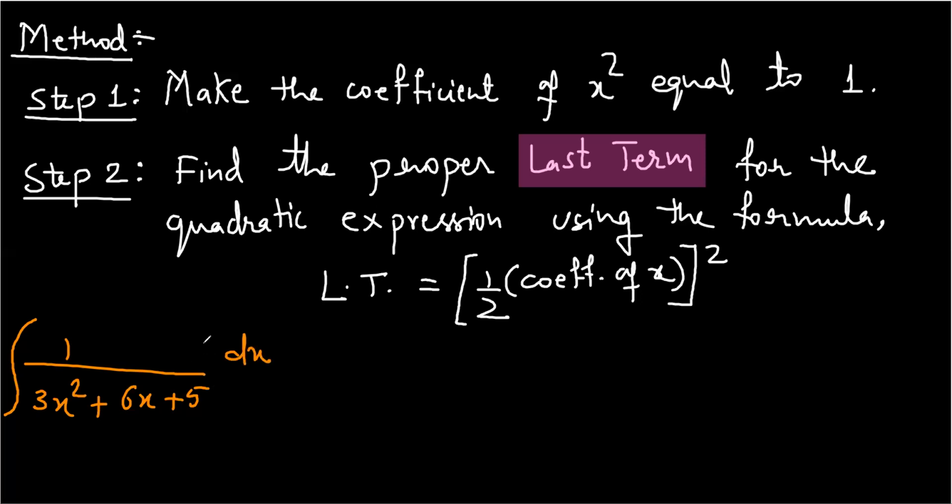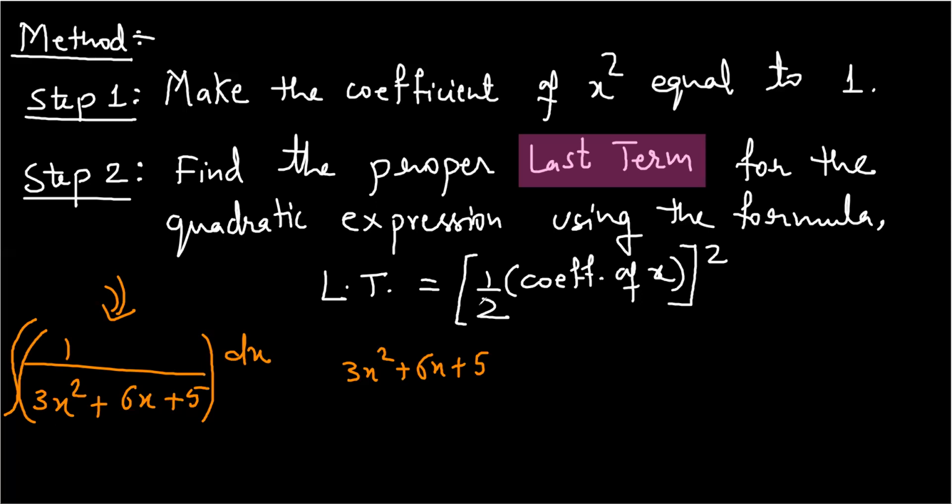The quadratic expression here is 3x square plus 6x plus 5. I'm taking it out, but while writing the solution it will remain there. Here I'm not solving this question; I'm just making you understand the two steps.